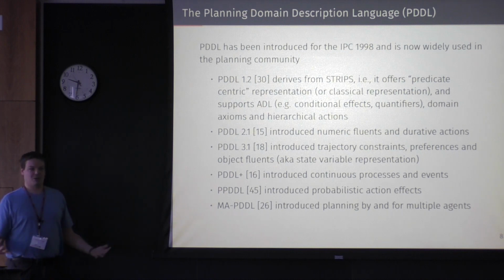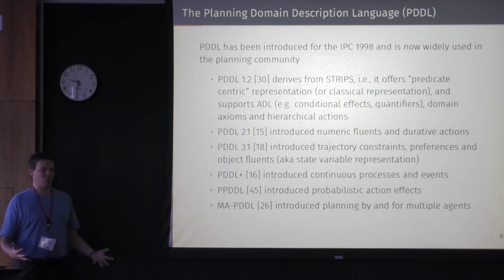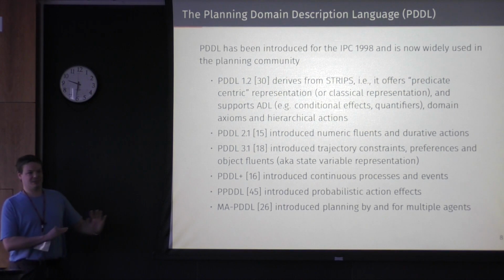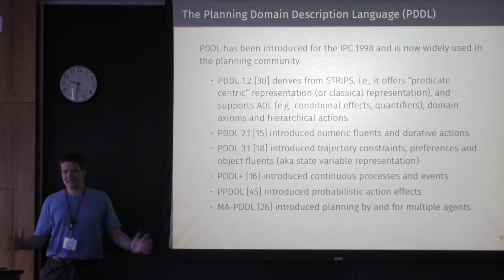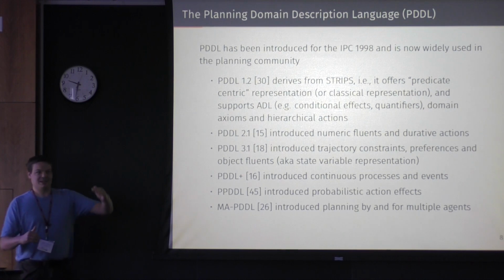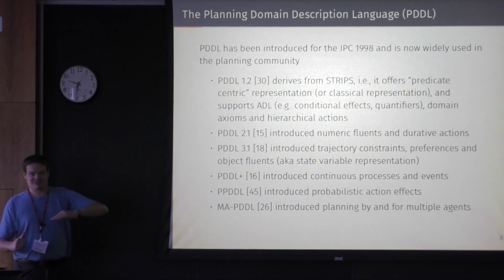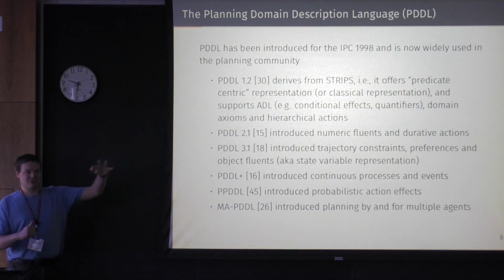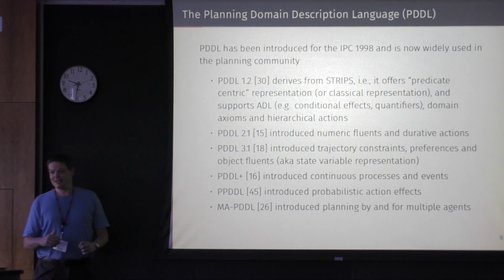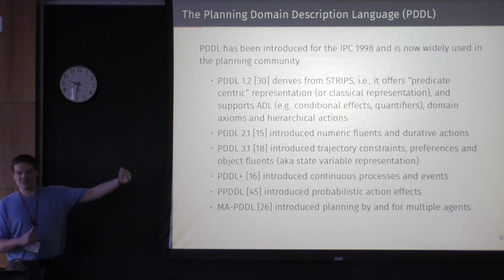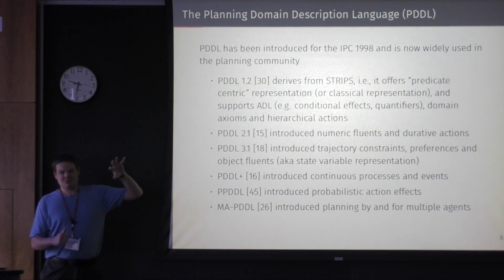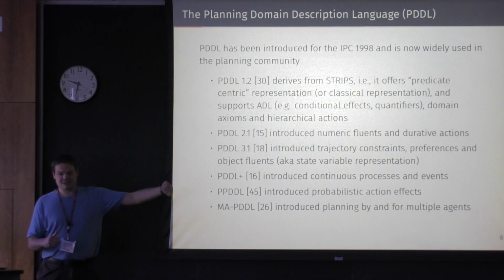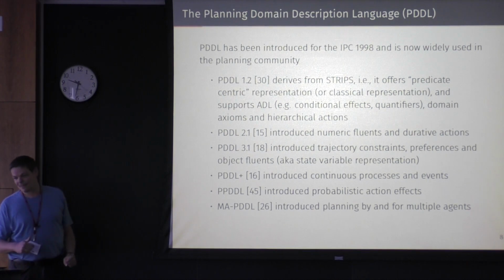So it gives us a more compact and better representation of certain aspects, because in the predicate way we have to list the predicates that are true and false, which means we have to be extra careful to make just one predicate saying that the robot is at some location true at a time.